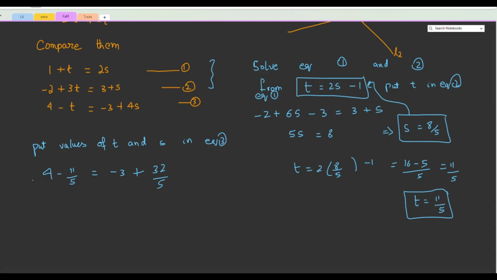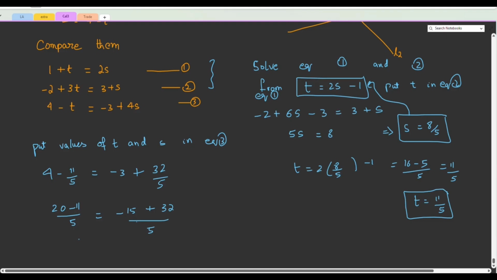Simplifying, on this side we get 20 minus 11 by 5, and here we get minus 15 plus 32 by 5. On the left-hand side we get 9 by 5, and here we get 17 by 5, and these two numbers are not equal to each other, since they do not satisfy equation number 3.